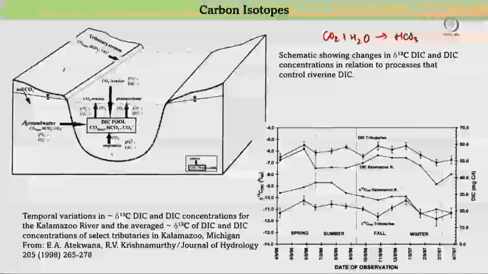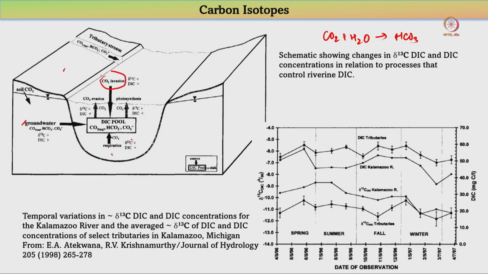Same thing for carbon dioxide invasion also: if carbon dioxide is being drawn down from the atmosphere and dissolved, the delta 13C value is getting lowered and the DIC is getting increased.